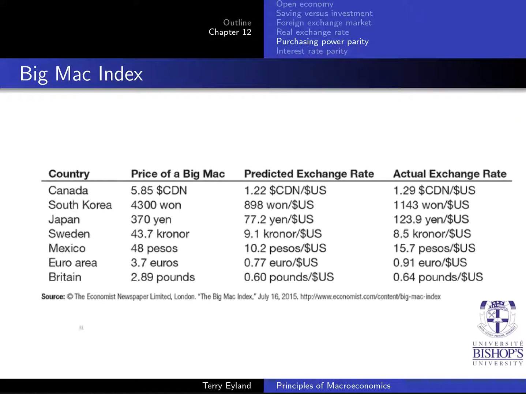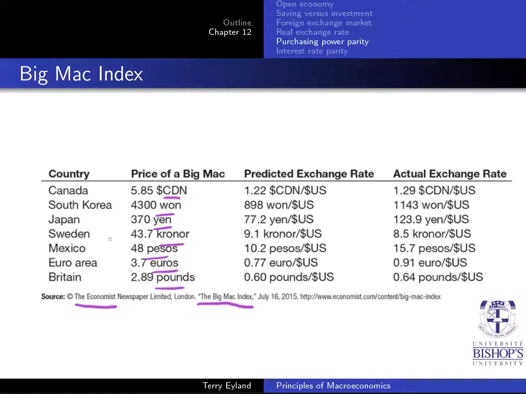The Economist, which is a really good magazine to look at, is published every week. Every year they publish the Big Mac Index, and essentially they're trying to see what the price of the Big Mac is in all of these countries, always in their own currencies.